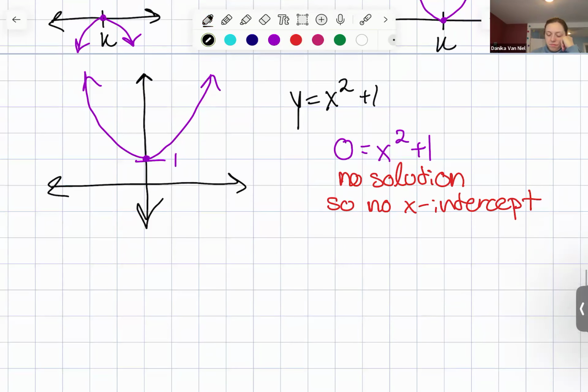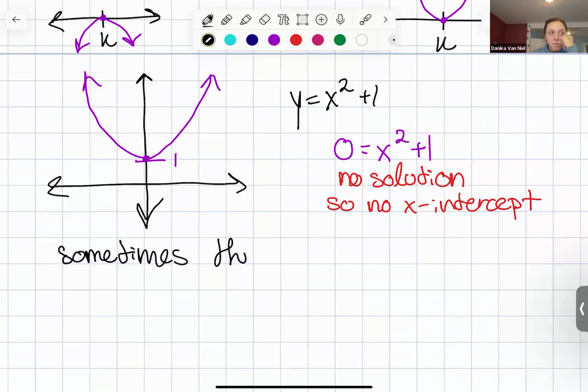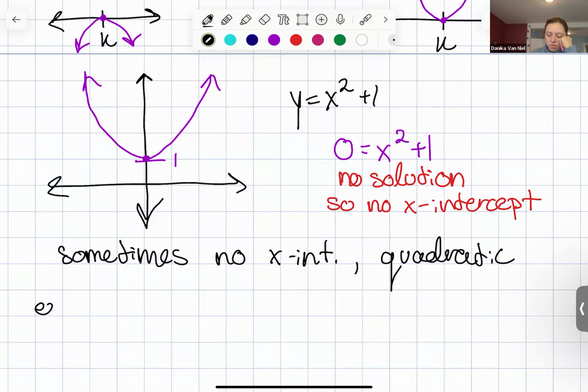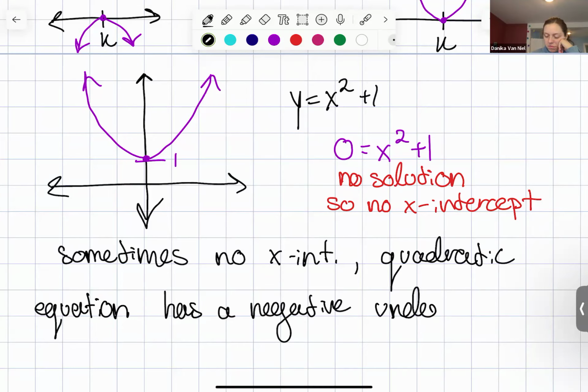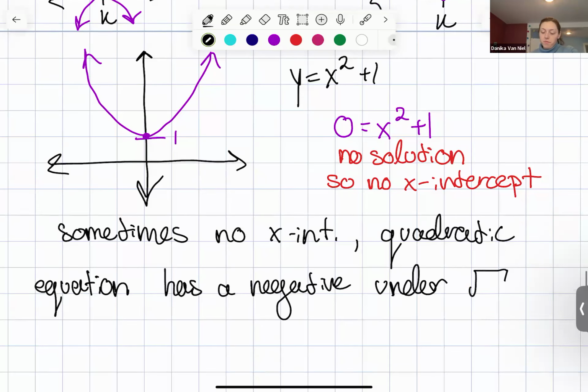And sometimes this happens, right? Well, obviously, because I just showed you one. Sometimes there's no x-intercept, and the quadratic equation or quadratic formula, I can't remember which one it is, anyway, has a negative under the square root, which is bad, right?